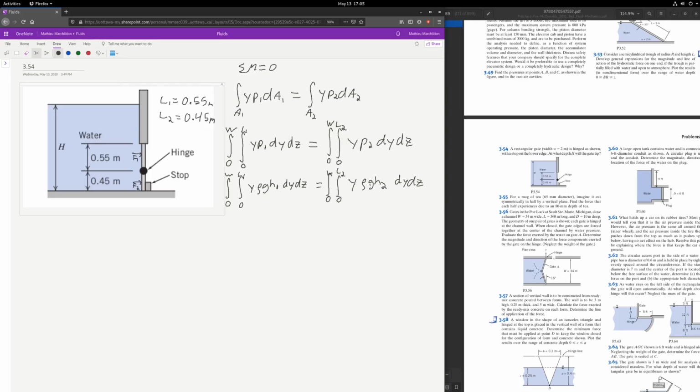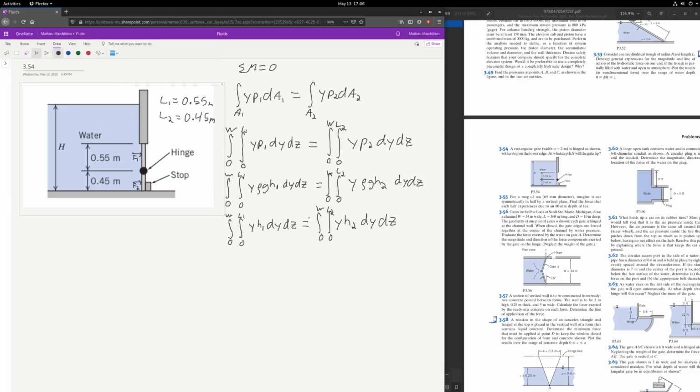So rho and g are constant, so we can put them outside of the integral and then simplify them out, which means we get the integral of y h1 dy dz is equal to the integral of y h2 dy dz.